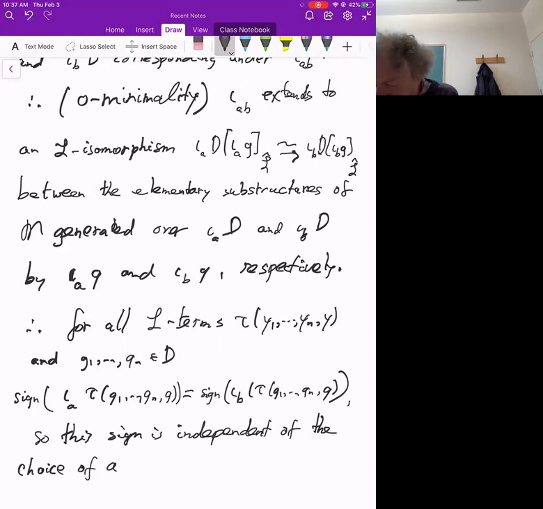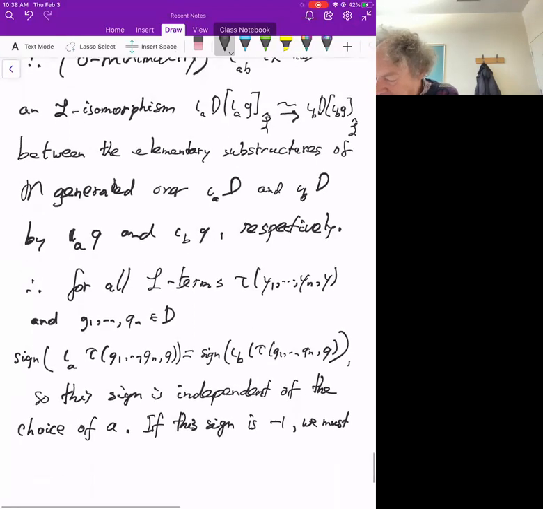And if this sign is -1, that simply means that for all A greater than R in M, iota A of tau G1 up to Gn comma G is negative.